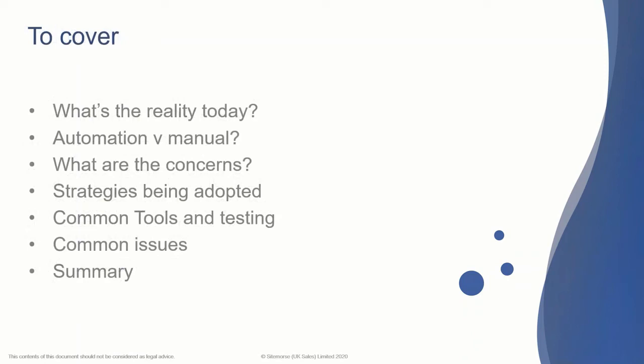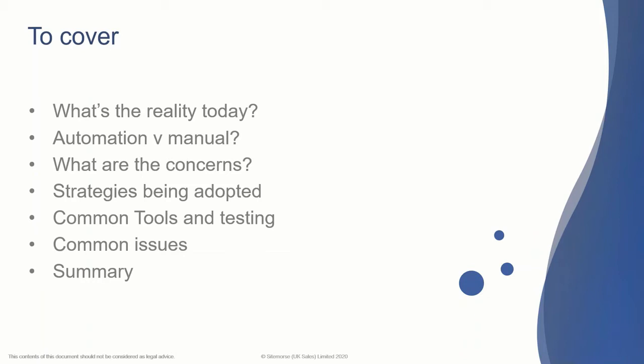So in this webinar, we're going to cover where things stand today and how near website PDFs are to being accessible. We're going to look at the difference between manual and automated accessibility testing and why you should know the difference. Then we're going to look at what people tell me are the most common issues they face when creating accessible PDFs, and what strategies are being adopted to address PDF issues, including an example of how Sitemorse resolved issues with our own PDFs.